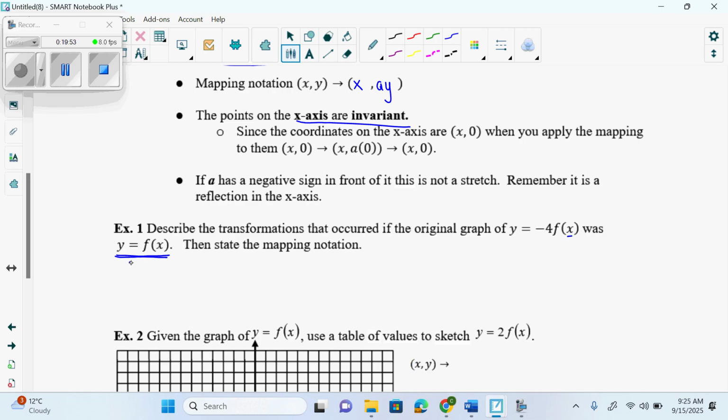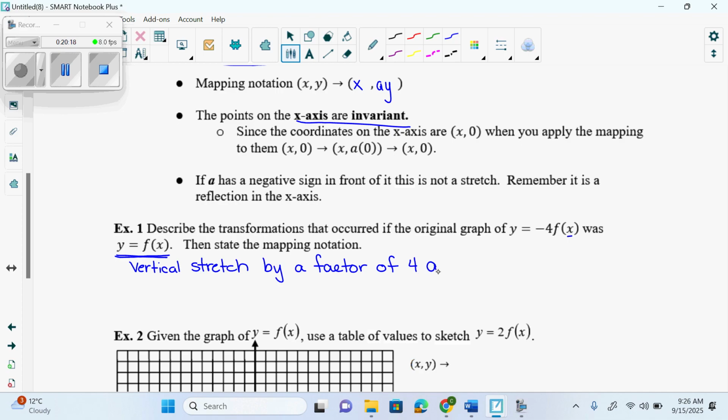So we have vertical stretch. Am I allowed to short form anything? No, never, ever. So you can't go VS. Well, you can if you don't want full marks. It's options. I wouldn't if you want full marks. Vertical stretch by a factor of, what's the number in front? 4.